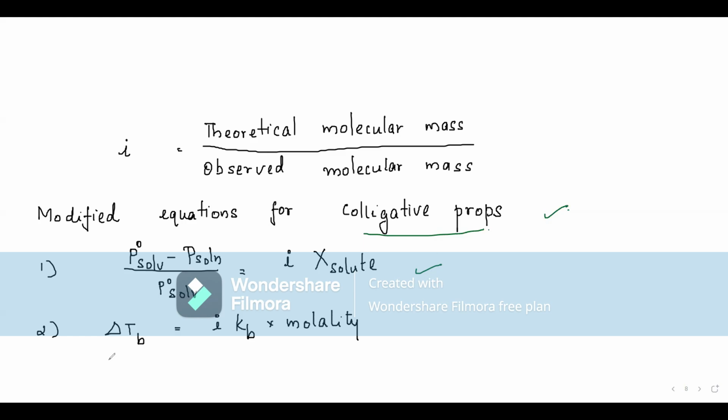Then elevation in boiling point. Previously, this is what we have studied: molar elevation constant or ebullioscopic constant into molality. Now we are introducing Van Hoff factor also into that. So I Kb into m, that is elevation in boiling point.